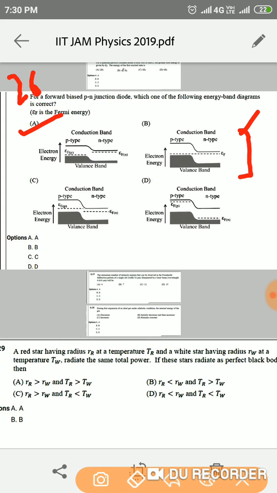The Fermi level of the p side is depicted here, and the Fermi level of n is depicted here. So in both the options the Fermi level itself is given wrong, and B is the case of equilibrium. So option A will be the right option.